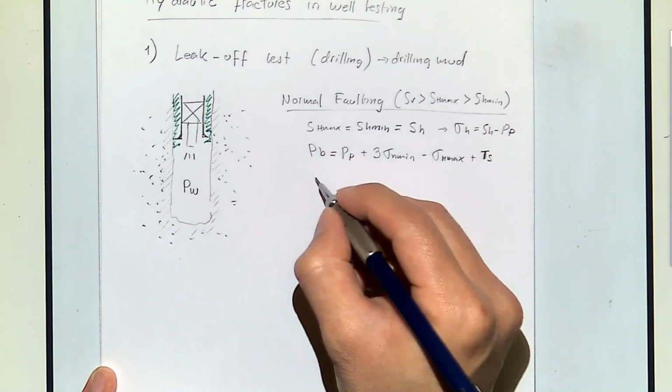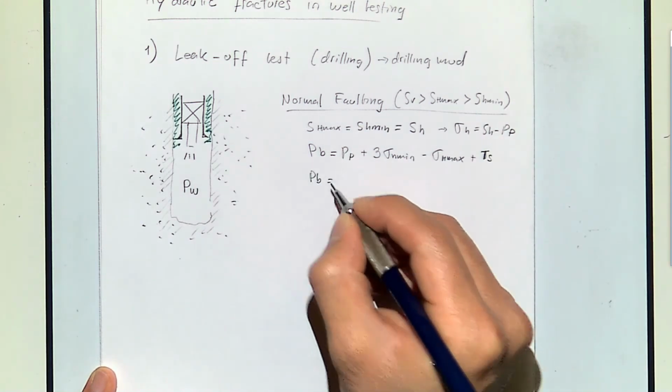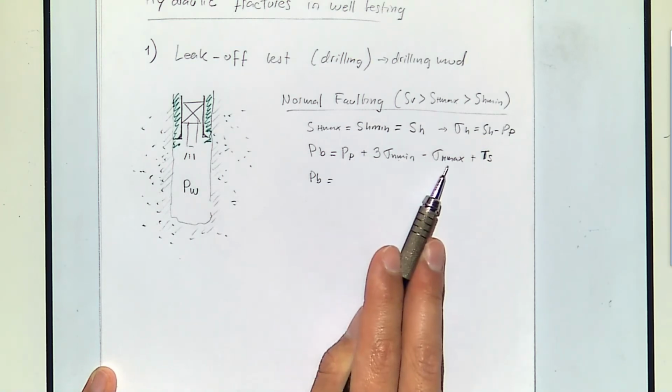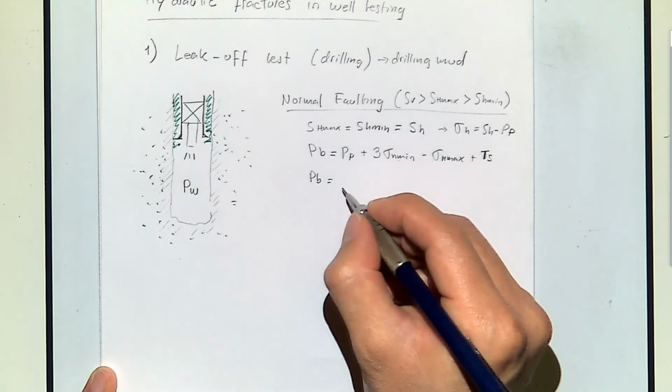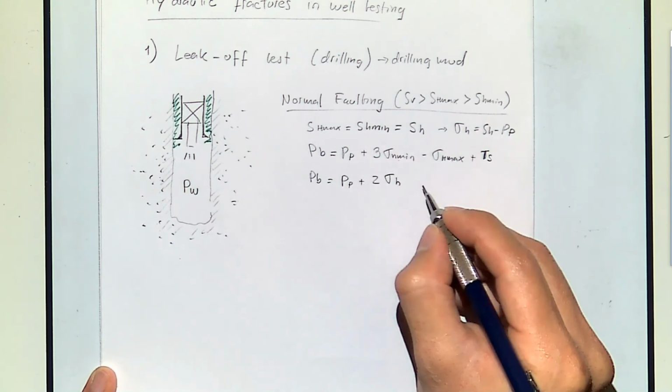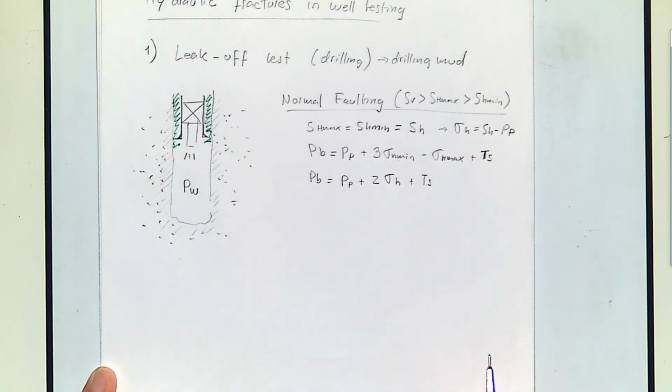And for this case, we have made this equation a little bit easier, since we are going to assume that these two are going to be the same. This is just going to be PP plus 2 times sigma H plus TS.